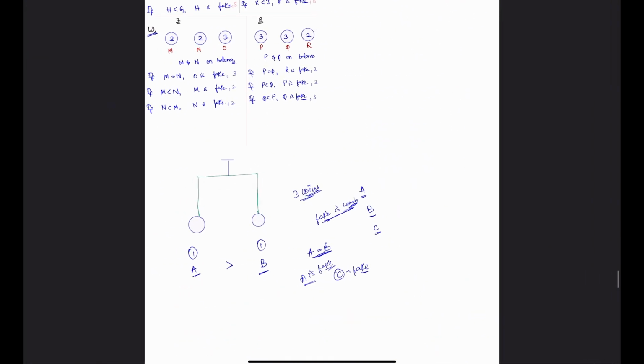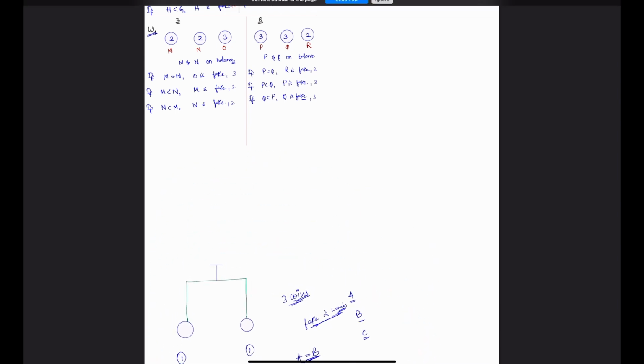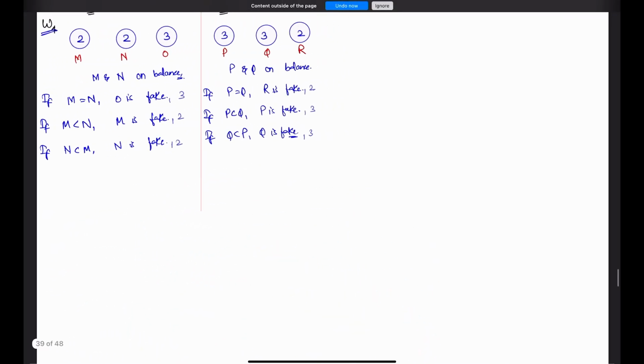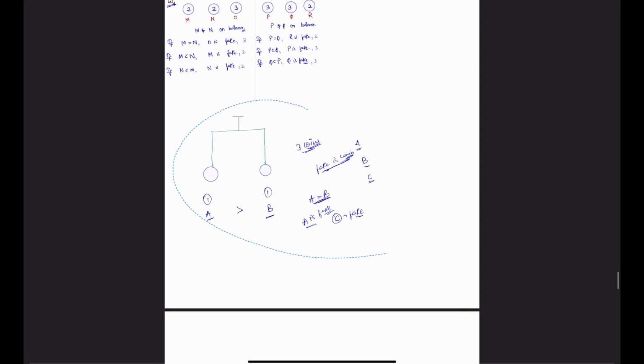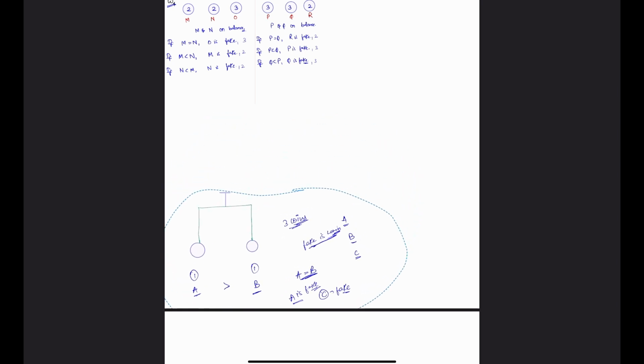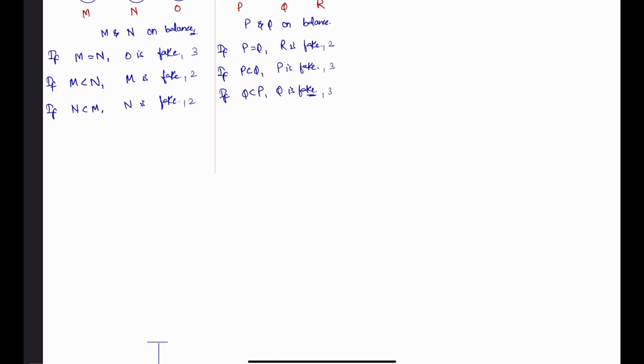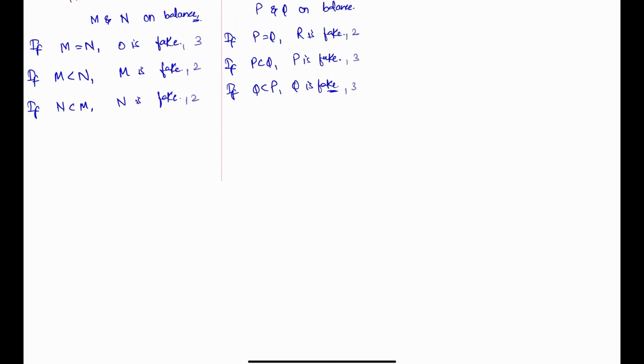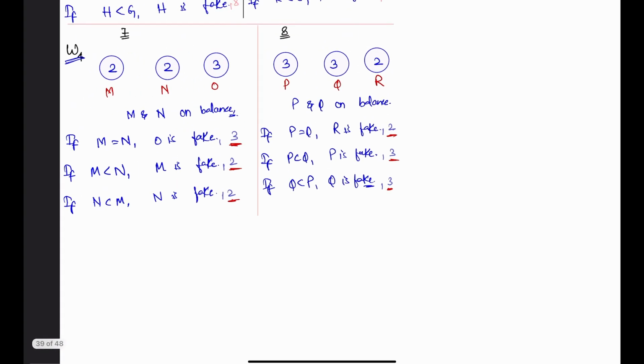So let me bring this down a little bit more. Right? So now what we can see is that we have only the choice of 2s and 3s, and we know that for 2s and 3s we don't need to do anything, we just need to weigh once more.